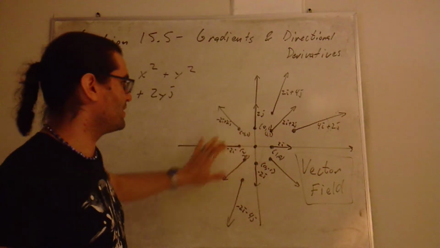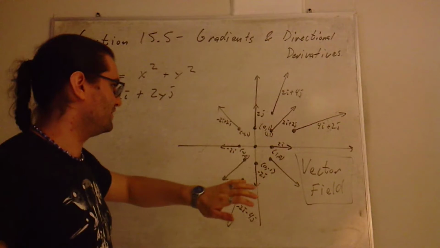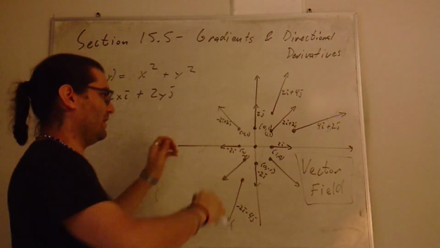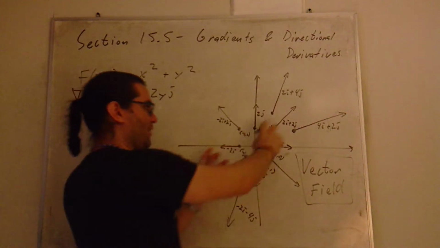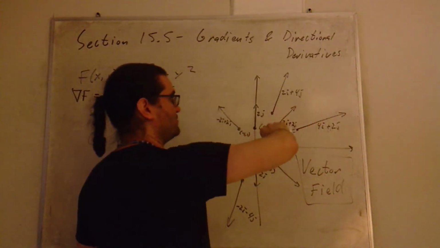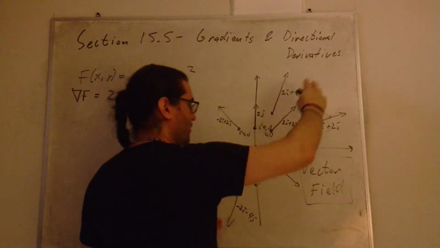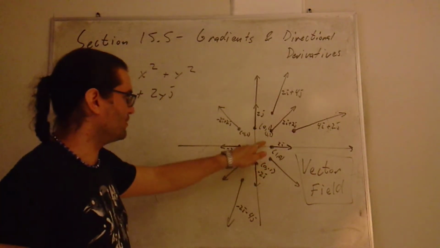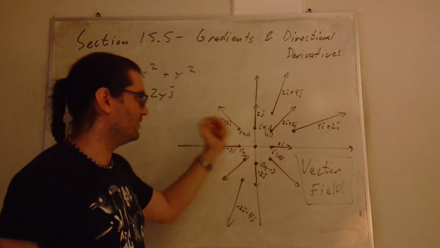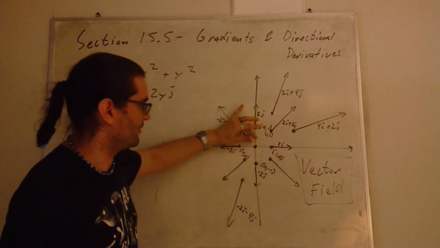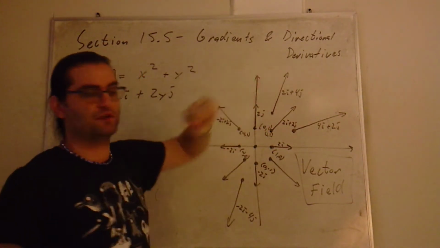There's a lot of different things we could model with this. This particular vector field, I like to think of as the sunburst. Everything is pushing outward from the center, and the strength of its outward push is proportional to how far away it is. So all these points right in the middle are pushing directly away from the origin, very slightly, and as you get further out, you're pushing directly away from the origin much more strongly.